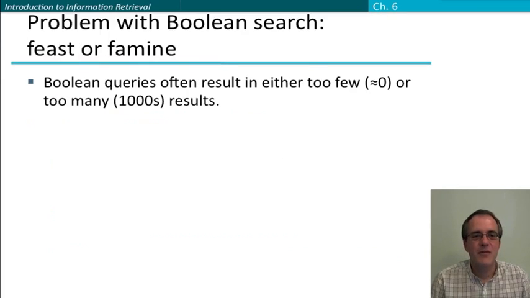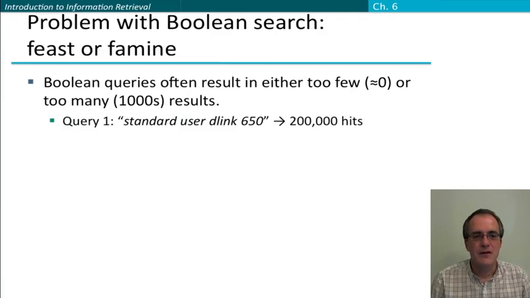In general, there's this problem with Boolean search, the feast or famine problem. Boolean queries often result in either too few returned results, 1 or 2 or even 0, because documents don't precisely satisfy the search request, or else they result in too many results, in the order of thousands or more. So for example, here's a system giving results. If I give it the query standard user dlink 650, it returns 200,000 results.